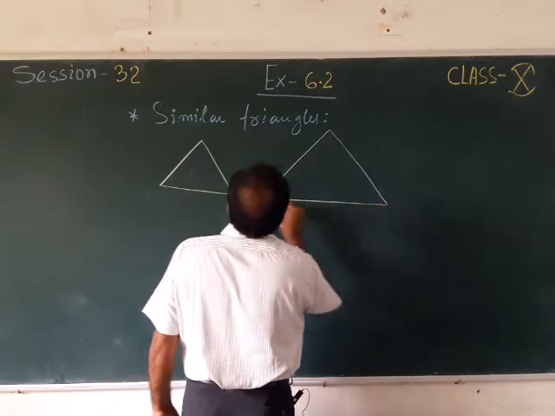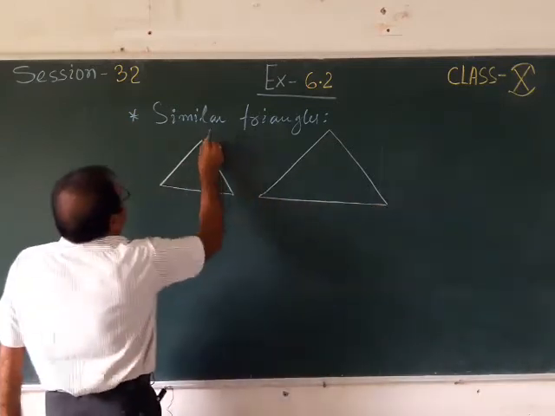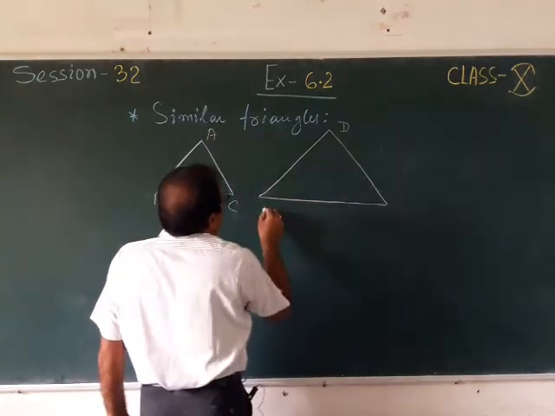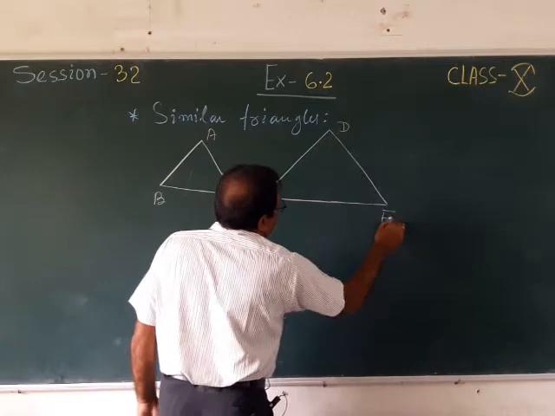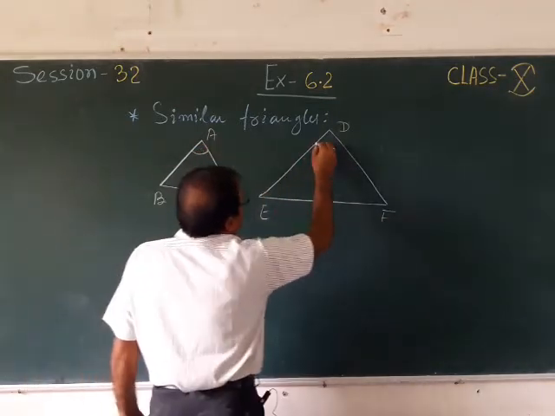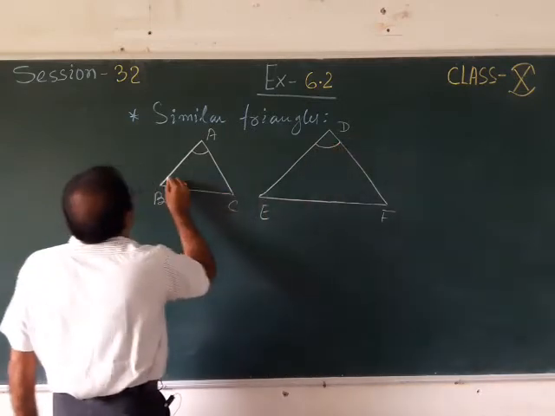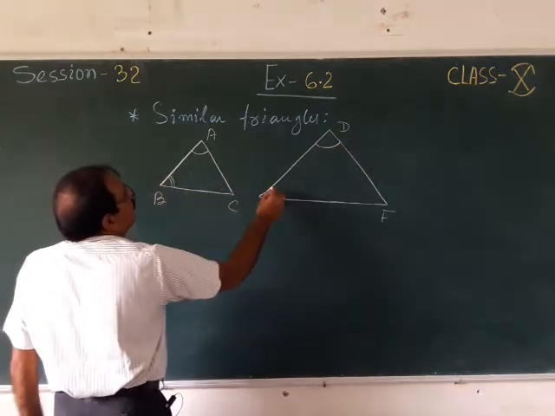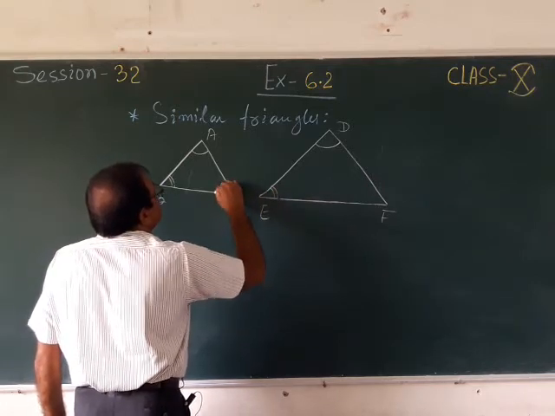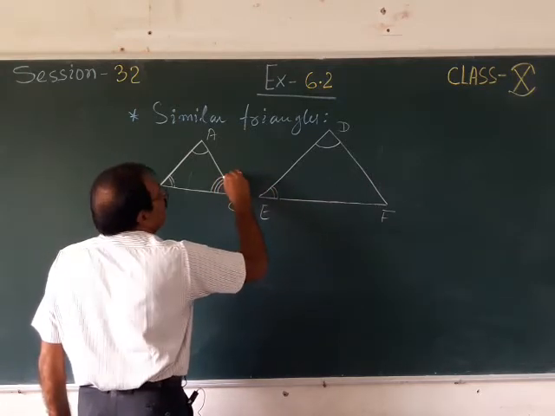The names are ABC and DEF. Here I have told you angle A is equal to angle D, angle B is equal to angle E, and angle C is equal to angle F.